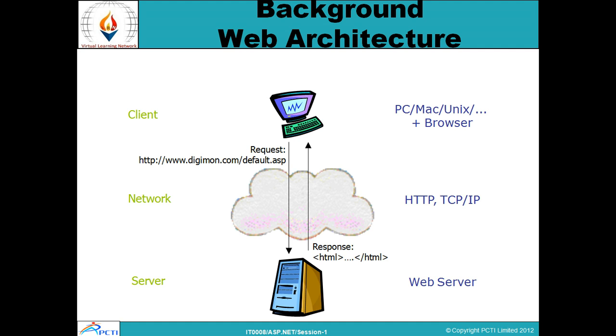By sending this sort of URL, a client is able to send the request into the network, and then the receiver, that is the server, will respond accordingly. So this coordination between the client and server takes place in the form of a request and response mechanism.